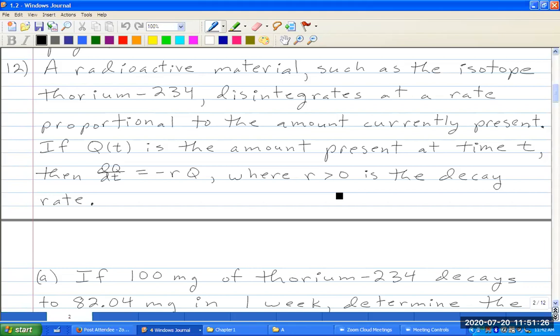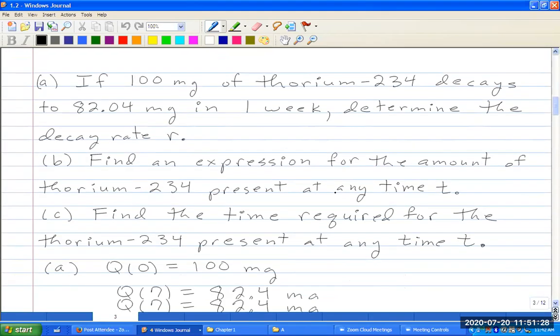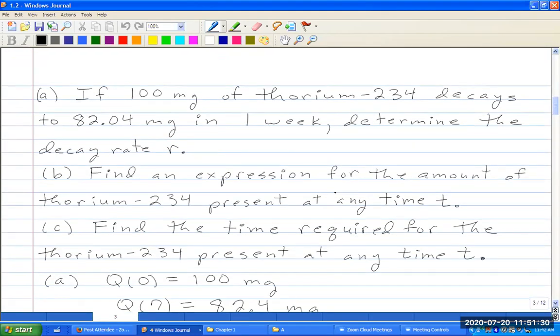Okay, so that does make sense. If 100 milligrams of thorium-234 decays to 82.04 milligrams in 1 week, determine the decay rate R, and determine the expression for the amount of thorium-234 present at any time T.